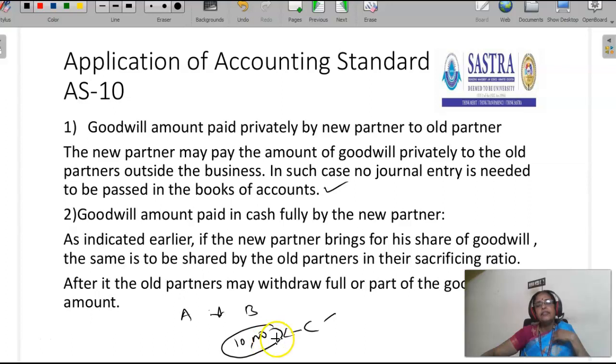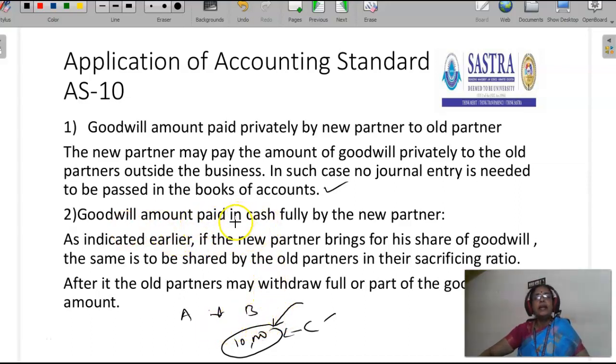If he pays the amount privately to the old partners, outside the firm, it is not entering into the firm. C is directly paying this amount to A and B. In such case, we don't need to pass any entry, because it is not entering into the partnership firm. Privately, he is paying the amount to the old partners.